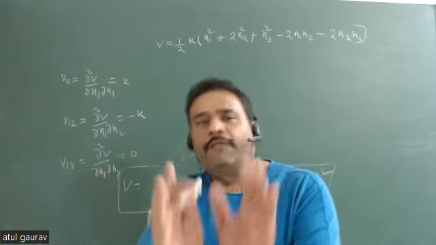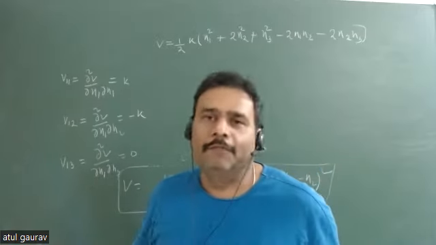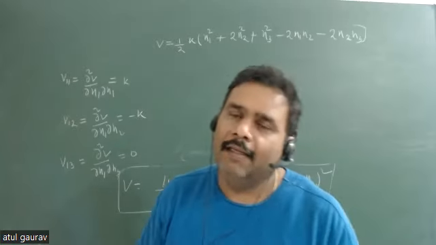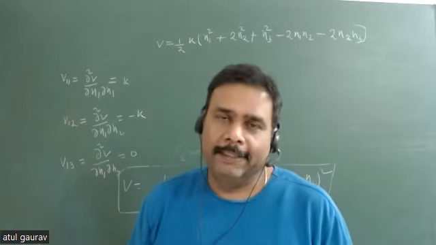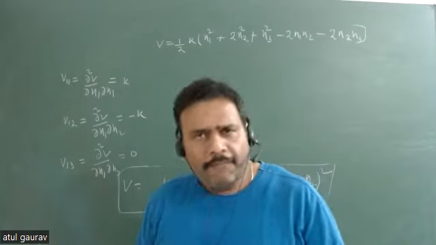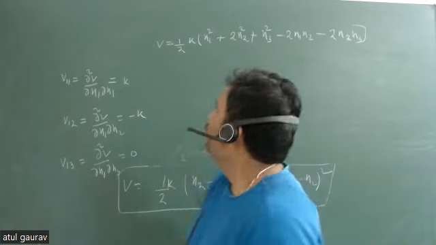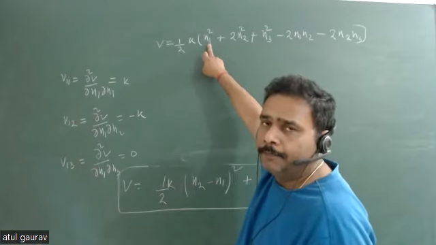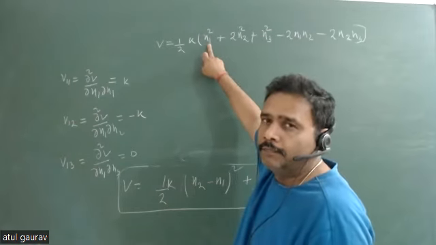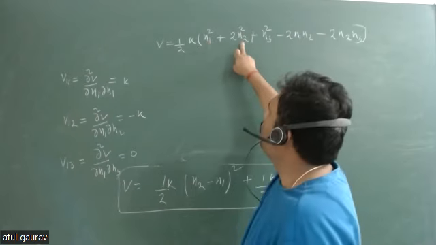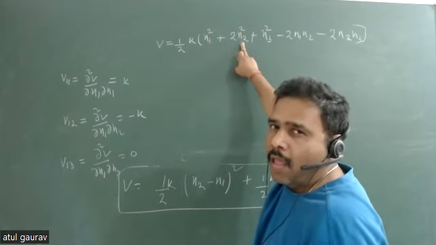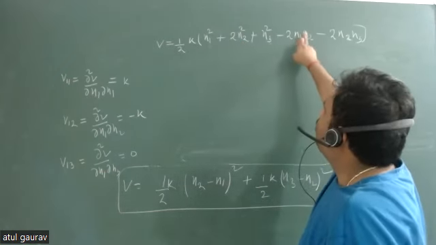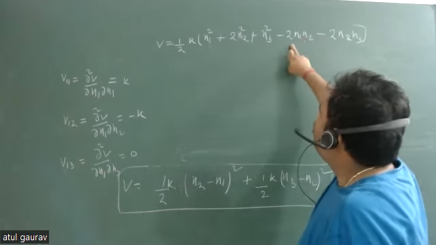Now, let us go for the physics. Physics is very beautiful. This potential energy matrix is basically a symmetric matrix. So if it is a symmetric matrix, then is this one diagonal or off diagonal? Diagonal, sir. This one is diagonal, this one is diagonal, but this one is off diagonal.